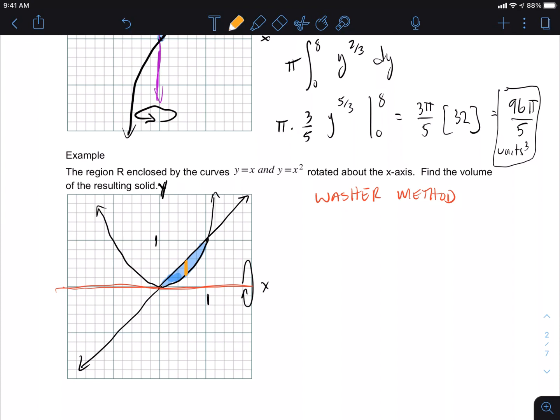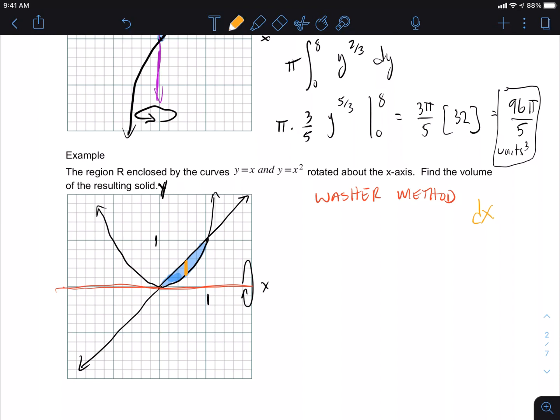X-axis. Perfect. So that tells me that this one's going to be a dx. Does everyone understand what I mean by extending the cross-sectional slice to see which axis it's crossing? Is anyone unsure on what I mean by that?